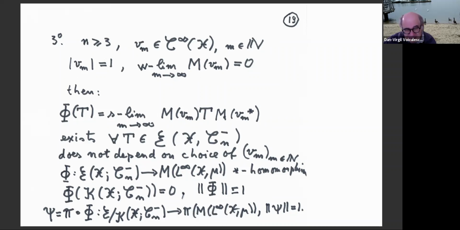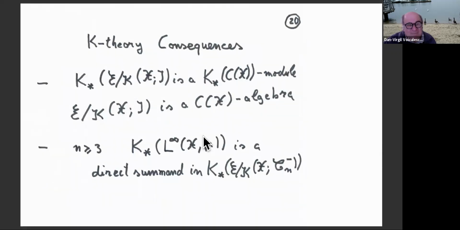So there is such a basic homomorphism which you have all the time.